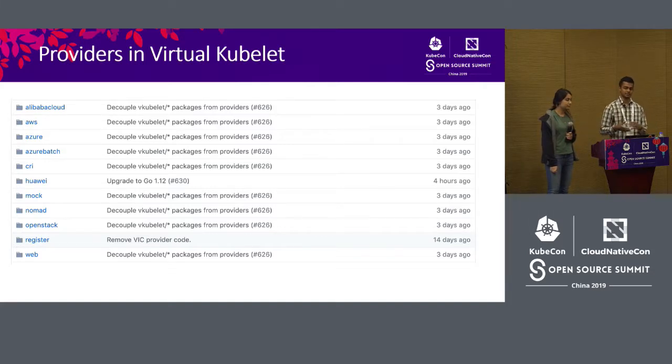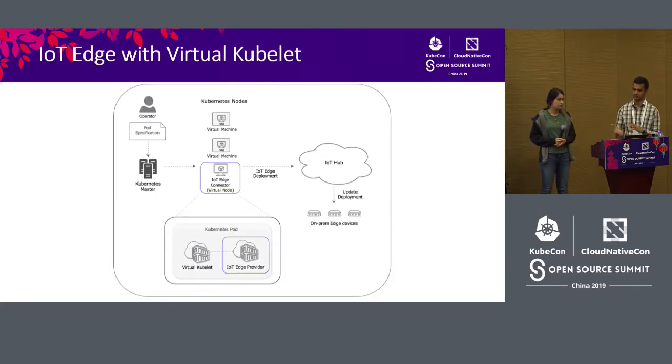Here are some examples of the providers that have already implemented the Virtual Kubelet interface: Alibaba, Azure, AWS, just to name a few big ones. This is a sample architecture diagram of what it would look like with an IoT edge deployment. As Ria was saying, we want the user who's already familiar with Kubernetes to not have to learn anything new.